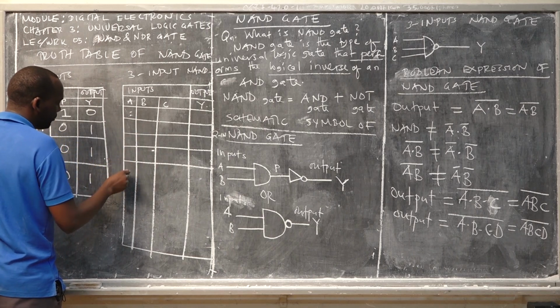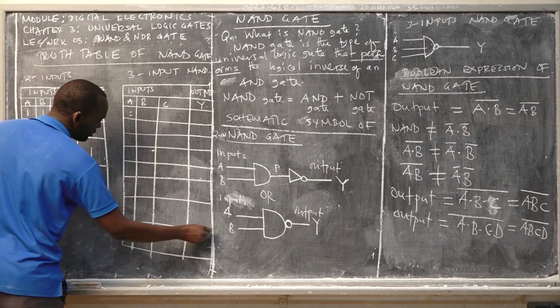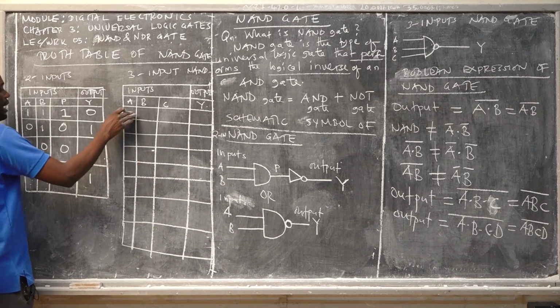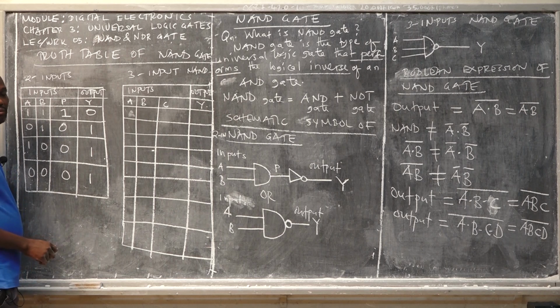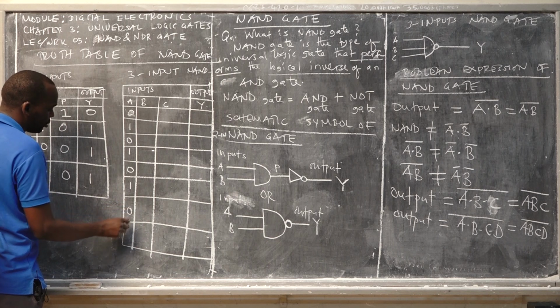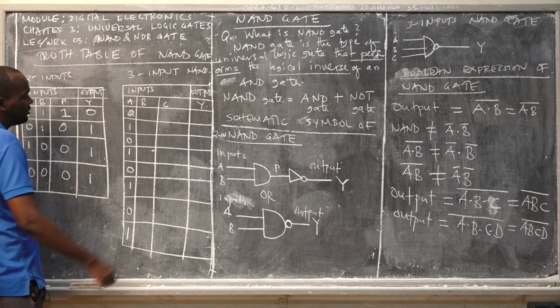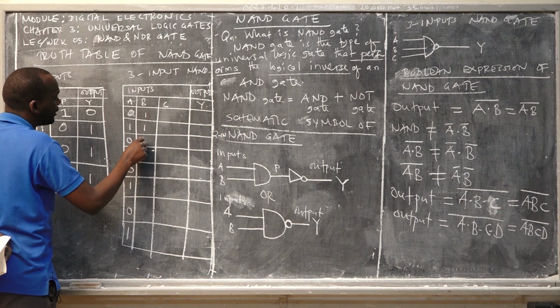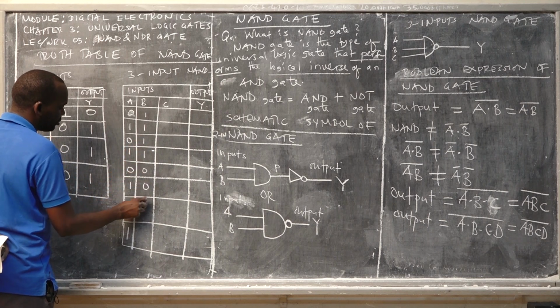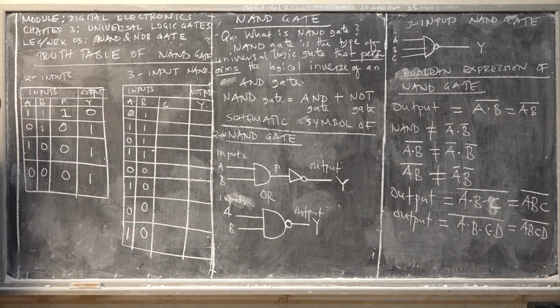One, two, three, four, five, six, seven, eight. Then the arrangements of the bits, you should not claim. 0, 1, 0, 1, 0, 1, 0, 1. Then you can say 1, 1, 1, 1, 0, 0, 0, 0. You should not worry.